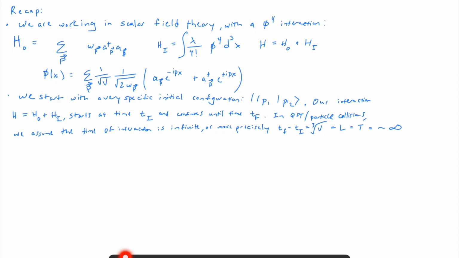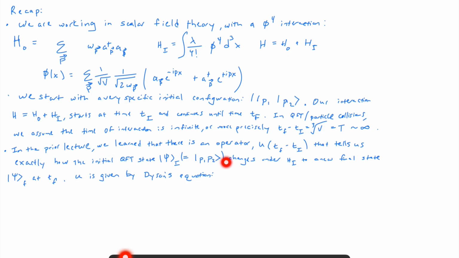Remember, space and time in special relativity can be made in the same dimensions and treated essentially with equal footing. So we basically say we have a 4-dimensional cube of each side being L, 3 spatial dimensions and 1 time dimension. And then sometimes instead of using the word L there, we'll use the word T. But basically, we approximate that as a huge amount of time and a huge box, which is essentially infinity.